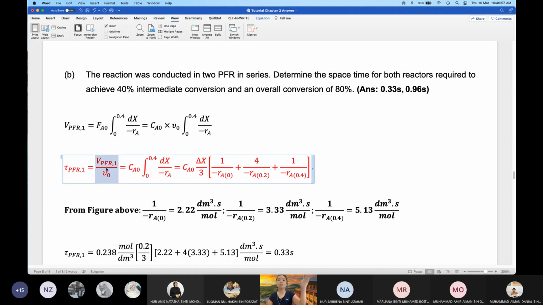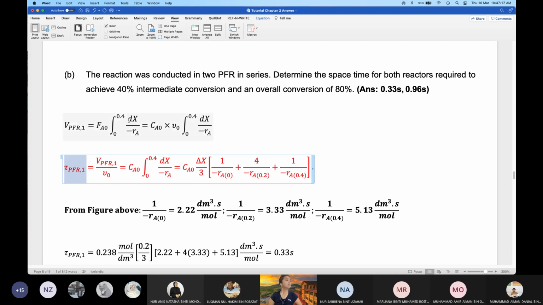So do you realize kalau volume bahagi dengan initial volumetric flow rate, dapatlah space time untuk reaktor pertama saya. So left hand side saya dah dapat apa yang saya nak, which is my space time.